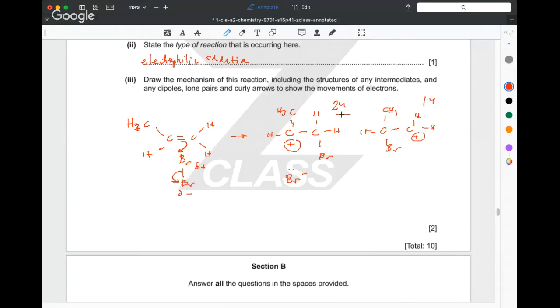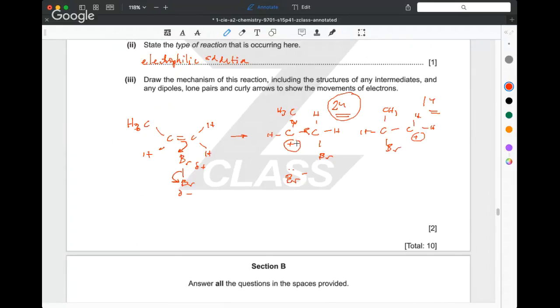And the secondary carbocation is more stable than the primary carbocation. So this one is preferentially formed. It's more stable because you've got electron releasing groups there and there, which reduce the charge density on the carbocation carbon there.